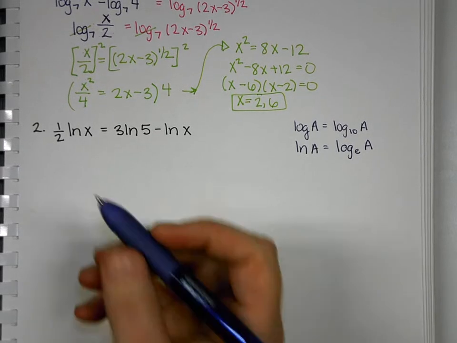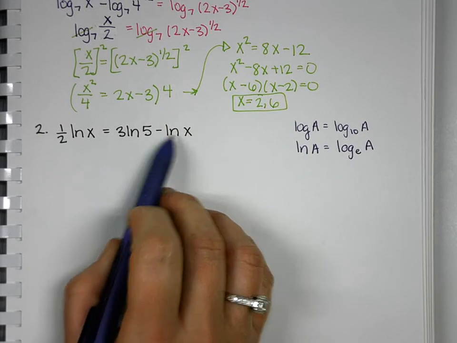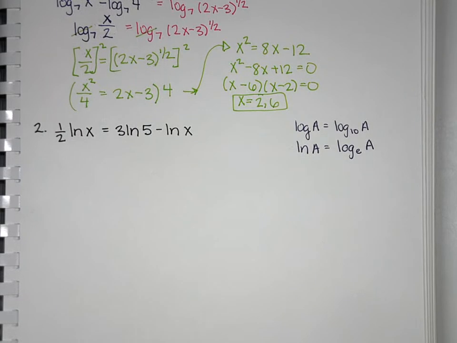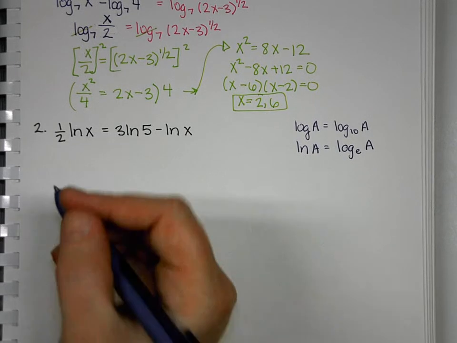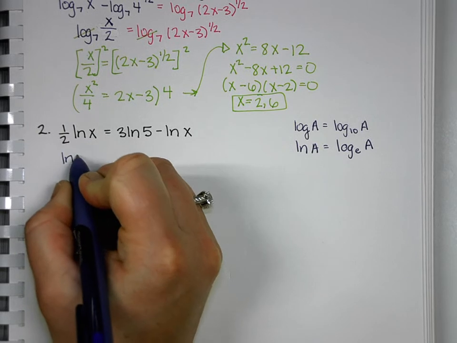So when we go to condense, I noticed that again, just like number one, I have logs in all three spots. So I'm going to do the same thing I did on number one. I'm going to condense the left and condense the right so that I have a single log on either side. To condense the left, I'm going to bring that 1/2 in as an exponent.